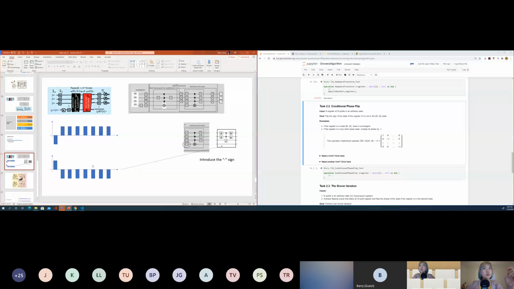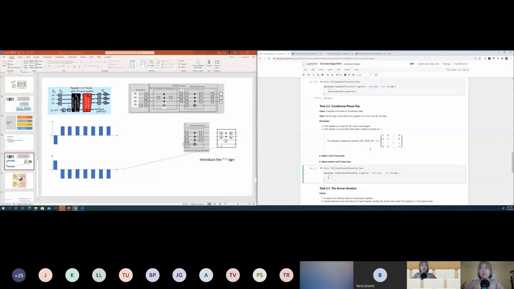You can just do this to introduce that minus sign, and this is what this conditional phase flip is asking us to do. But you can also build this one if you want. This one is trying to give us a hint to do this kind of operation. So let's do their way.